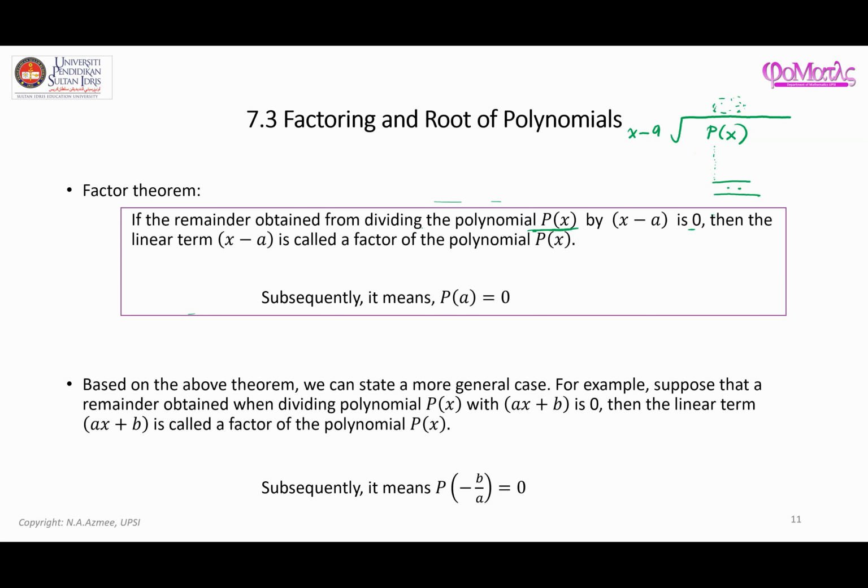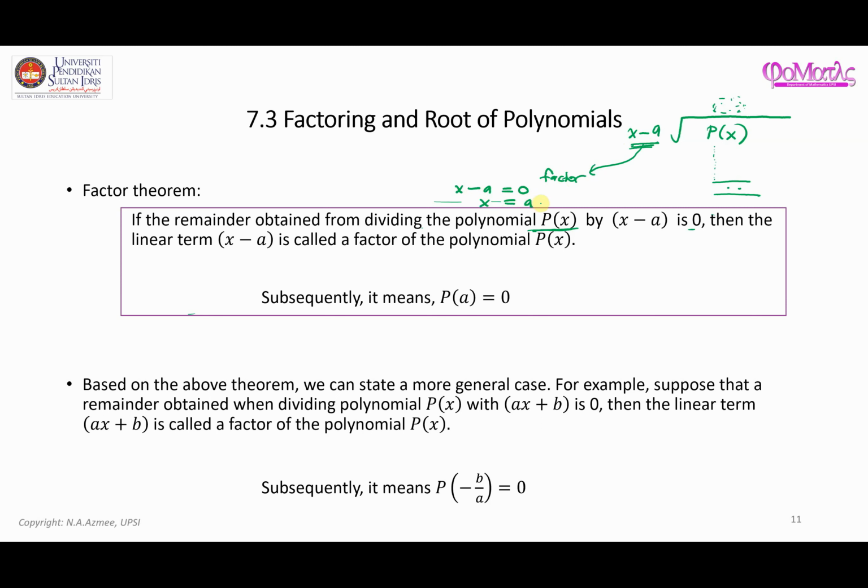If that is such a case, then we are saying that x minus a must be a factor of the polynomial. So what it means is x minus a must be equal to 0, and therefore x must be equal to a.